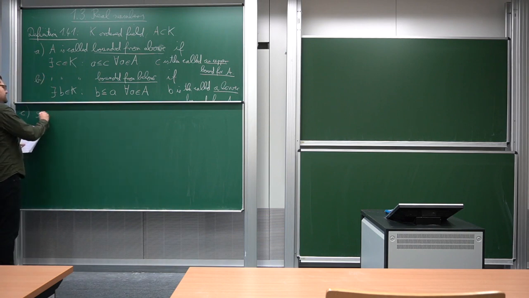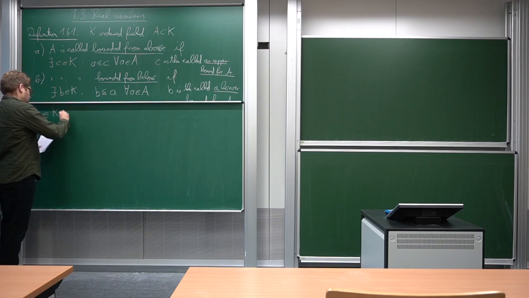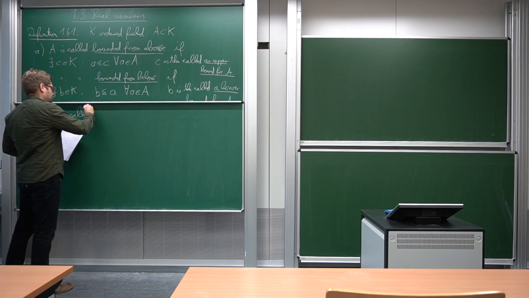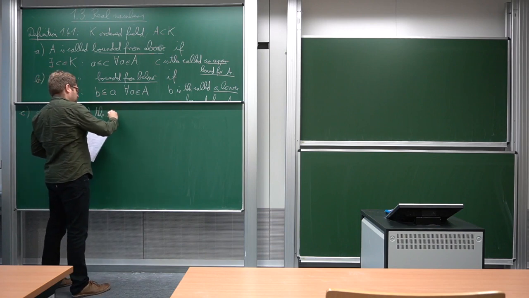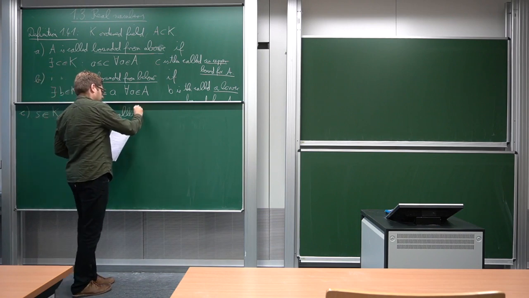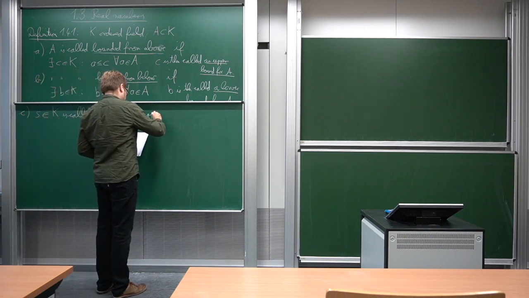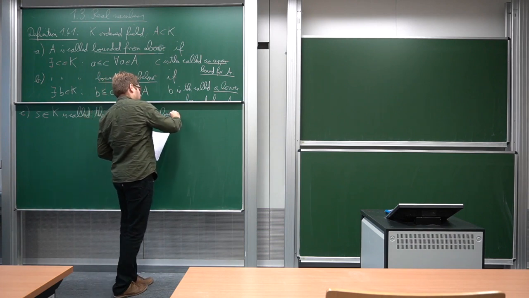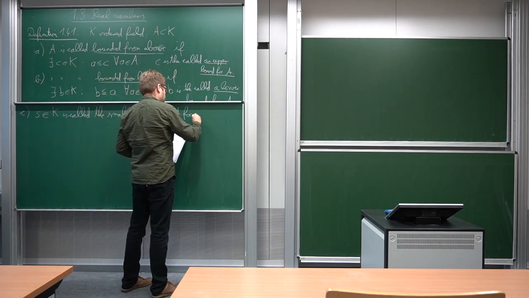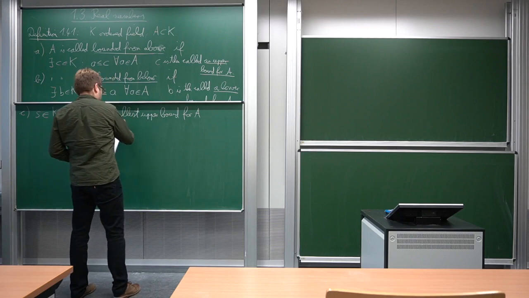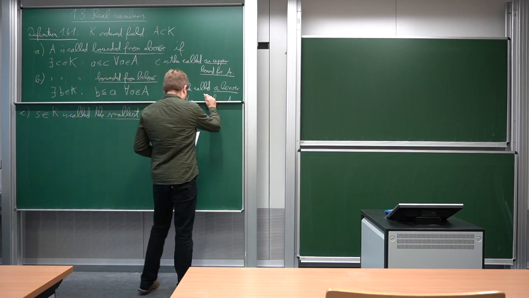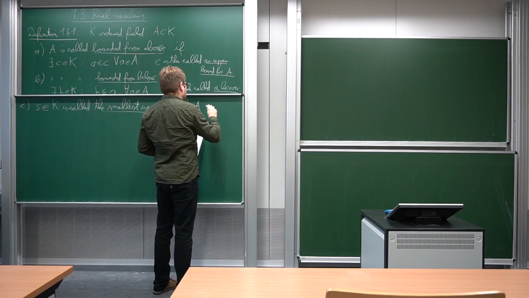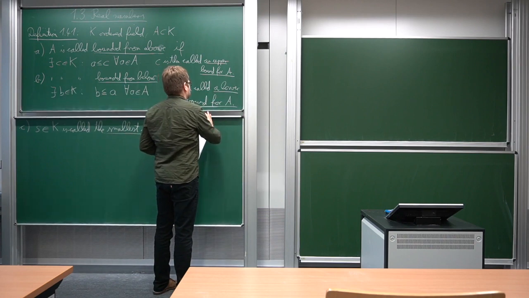We call an element S in K the smallest upper bound for A. I messed up my grammar.